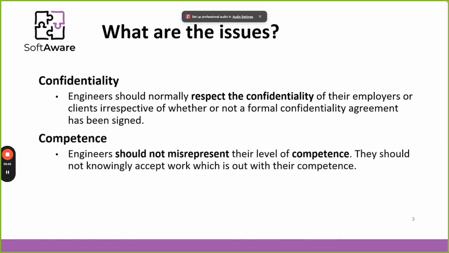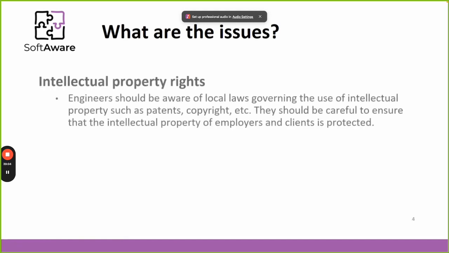Then goes competence. This part is more complex to manage and control. Sometimes we can think that we have enough competence to implement a solution, but it could appear that we are not experienced enough. Well, usually people tend to overestimate themselves. Another issue is the intellectual property rights, and here ambiguity appears again.